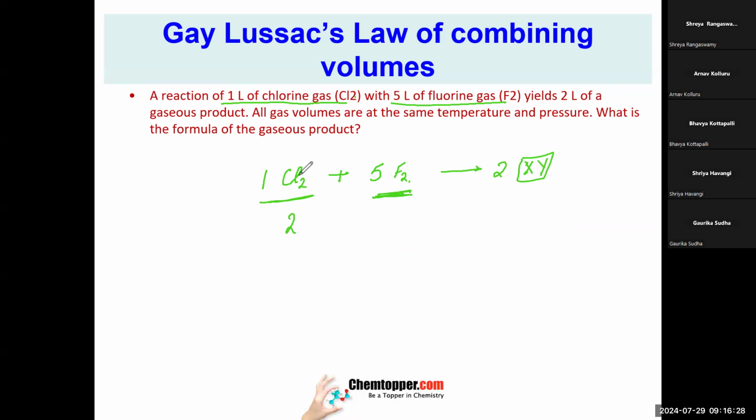Okay, good. Chlorines are 2. My question is now on the fluorine. How many fluorines are there? Yes, 10. Yes, Shreya. Very good. Now in this formula, 2 is already here. Chlorine will come first, then fluorine. So how many chlorines should I write? Is the chlorine taken care of if I write 2 in front?